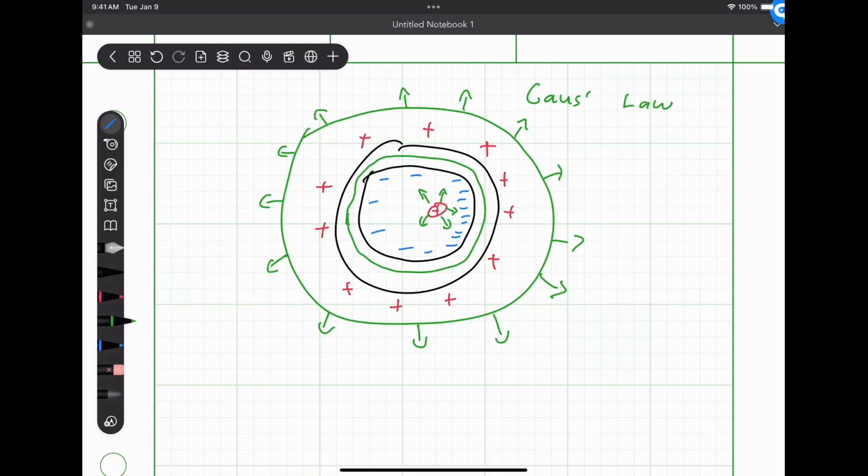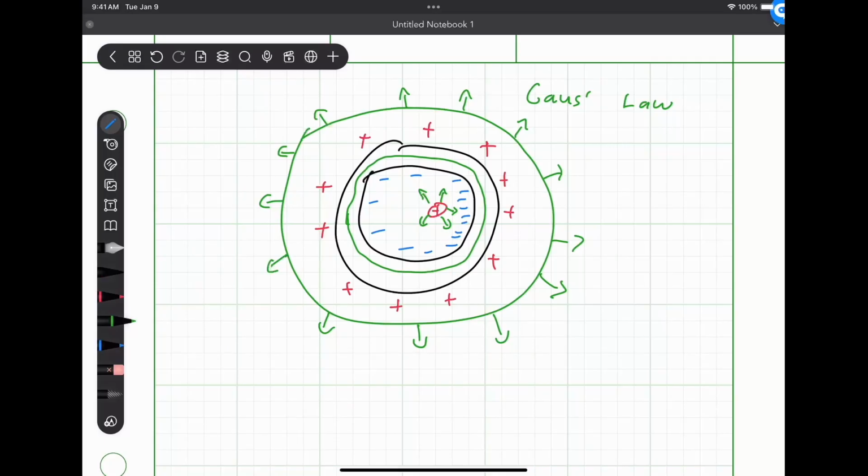This won't change no matter where the position is for the positive charge on the inside or even negative charge. The only difference would be if it's a negative charge, the field lines would be pointing inwards instead. But if the charge is moving on the inside, as long as it's not touching the boundary or anything like that, we already know that the E fields must cancel out eventually.